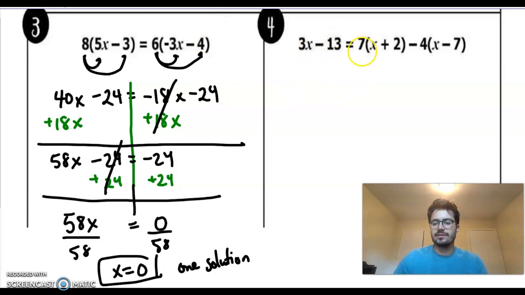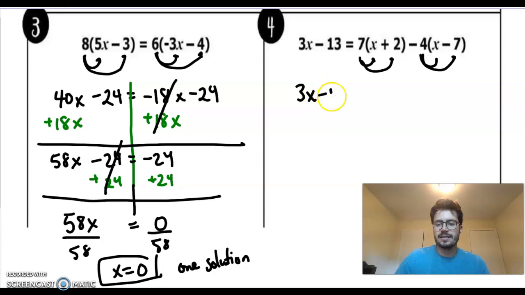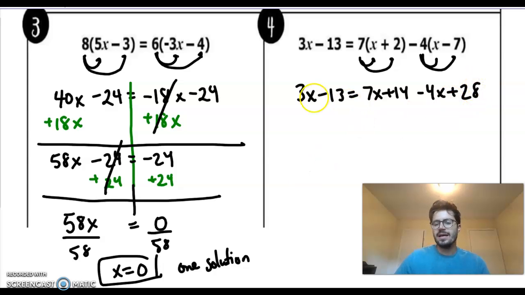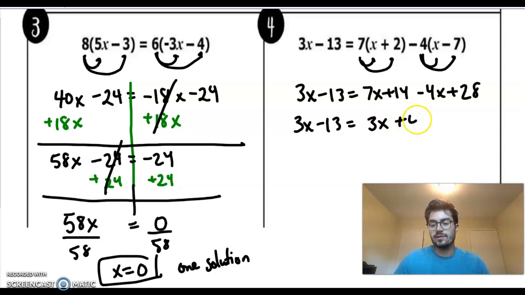And then let's try this last one. Let's do some distribution here. Get 3x minus 13 equals 7x plus 14 minus 4x plus 28. Let me clean it up a little bit. 7x minus 4x, that's 3x. 14 plus 28, that's going to give me 42.